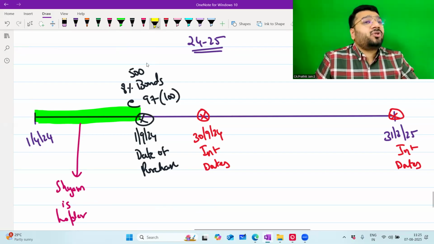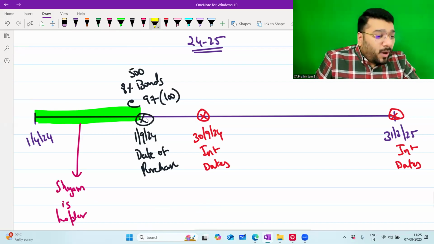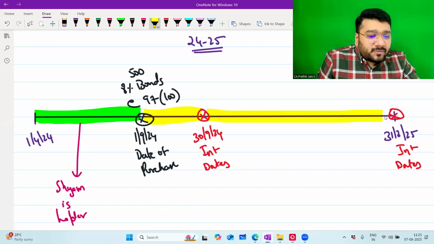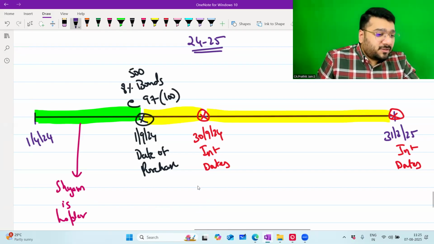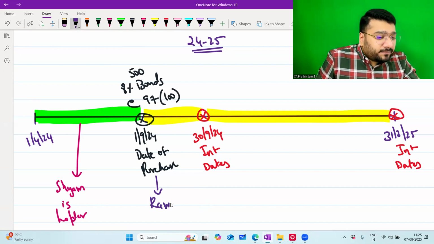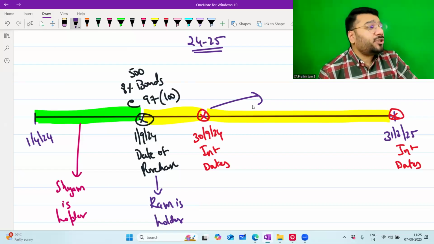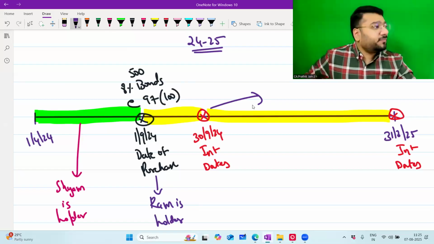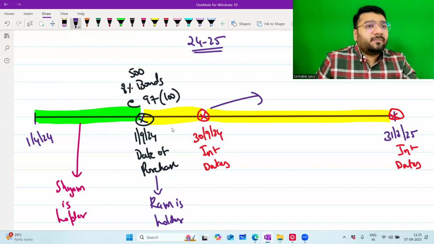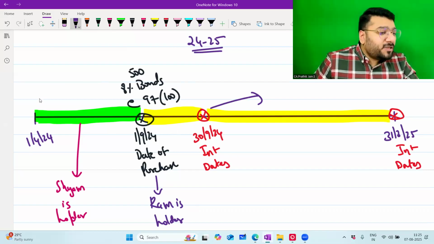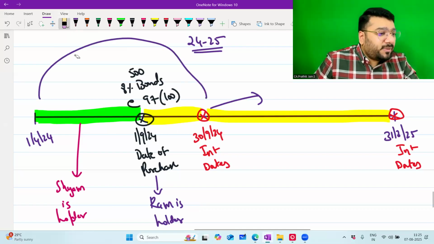Nobody's talking when I'm talking. From 1/9/24 onwards, who's holding the bonds? From this date onwards, Ram is the holder. I will talk about the interest calculation after 30 September later. First, let me talk about this period, 1/4/24 to 30 September.